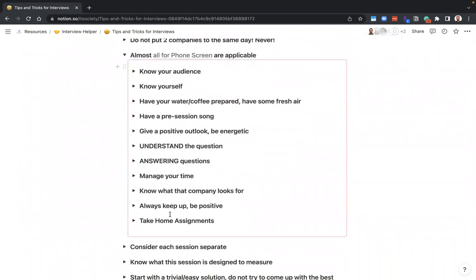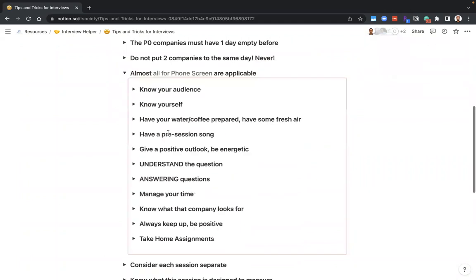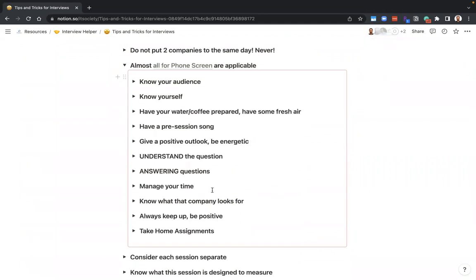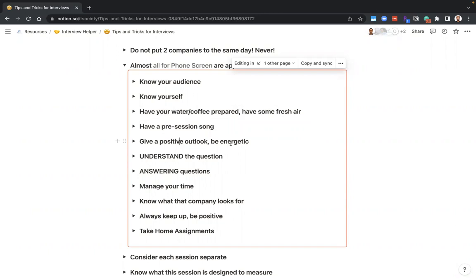I put this synchronized block here, so anything added to the technical phone screen section will also be added directly here. I don't want to get into details, since most of them are really applicable: give a positive outlook, be energetic, etc. These are all about a single session, so they are applicable to a series of sessions too.